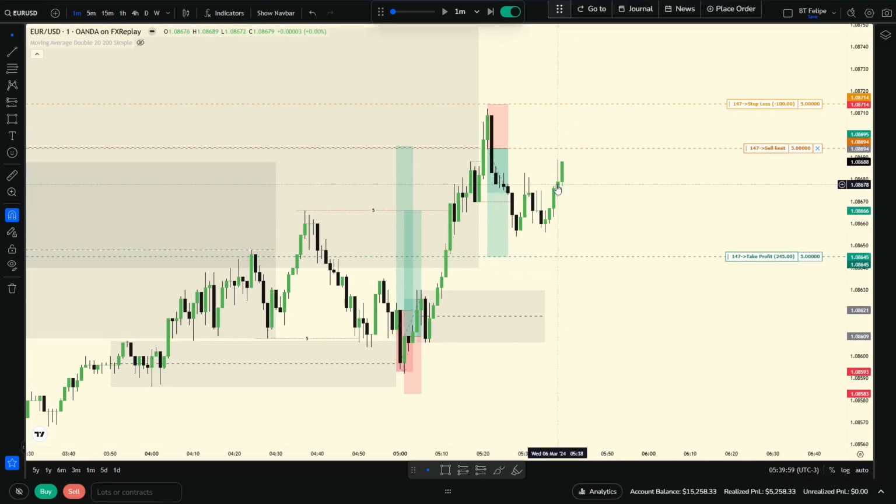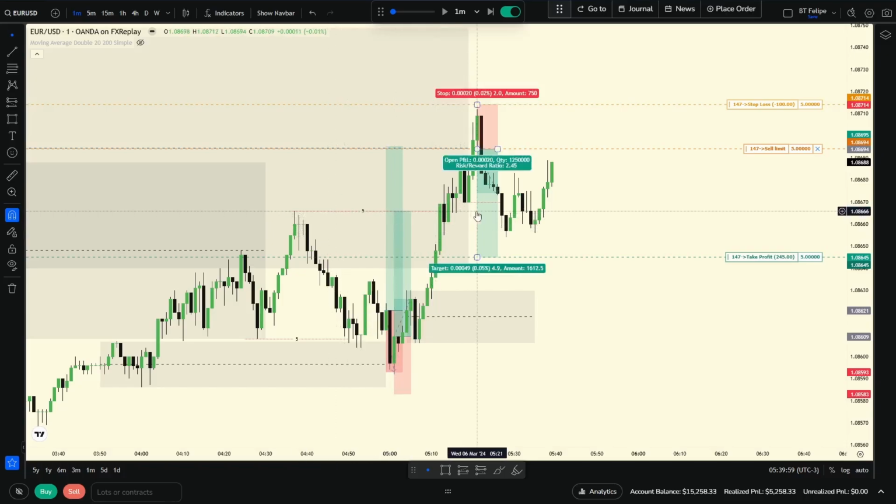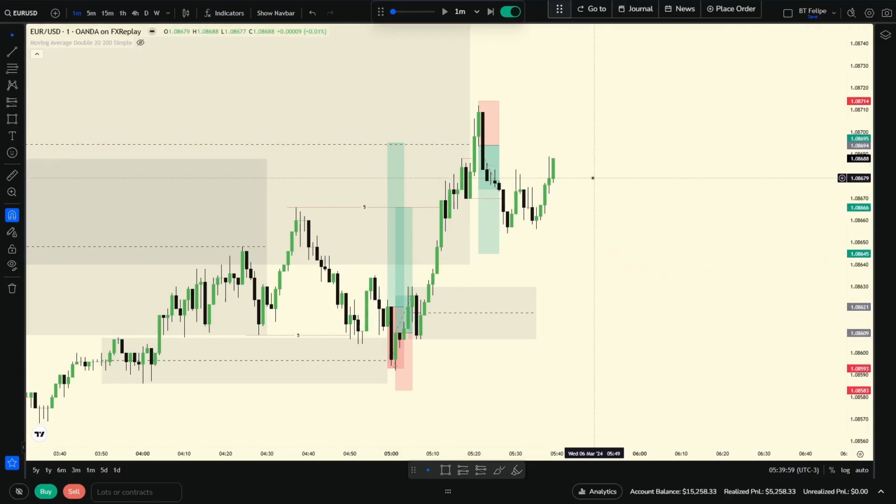I don't like this because price can just go up since it's already tapped the bigger POI. I think I should close this.